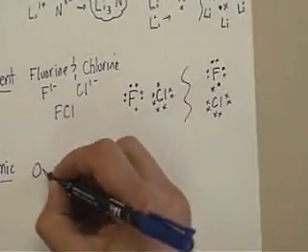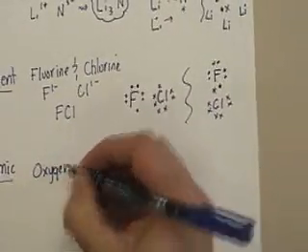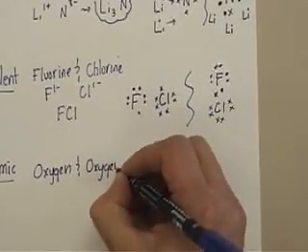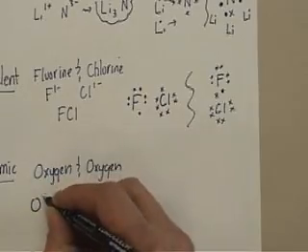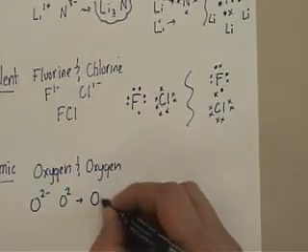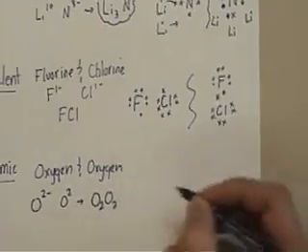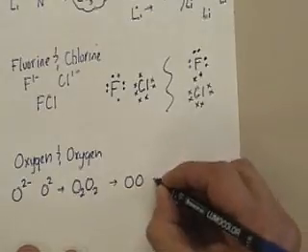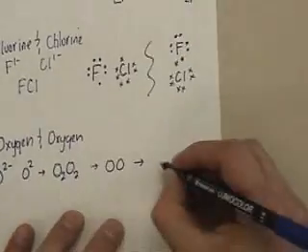So I'm going to use oxygen. So it's going to be oxygen plus oxygen. That's going to be O2 minus, O2 minus, which is going to be O2, O2. You know that cancels out to be OO, and 2 oxygens is going to write as O2.